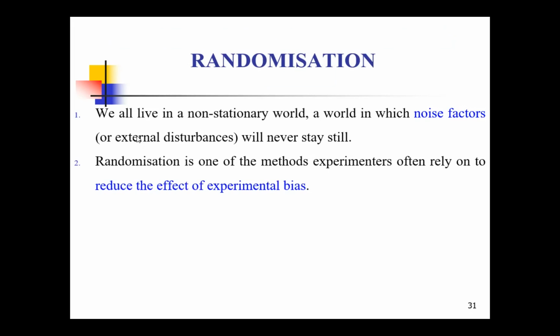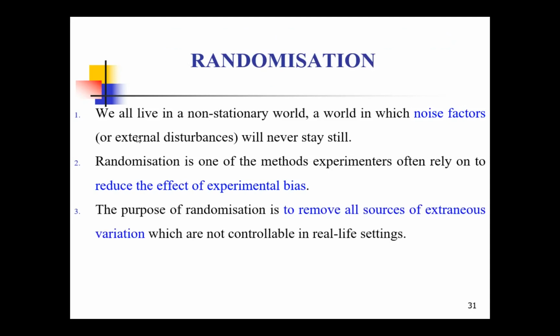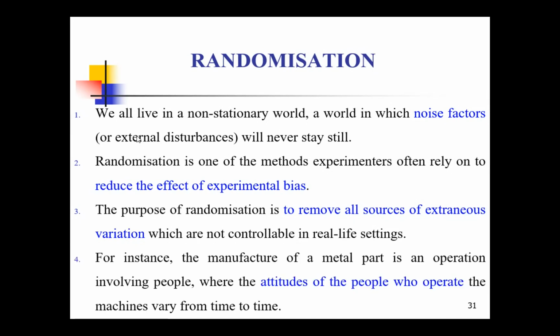The purpose of randomization is to reduce the influence of the experimental bias because of the noise. The objective is to remove external variation sources that are not controllable in real life settings. Normally we cannot eliminate, but we can reduce the influence of the noise variables by this randomization approach.